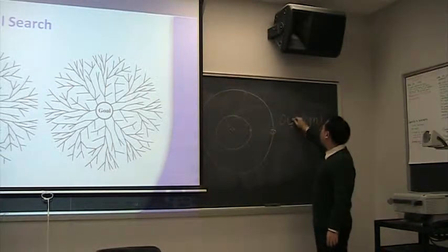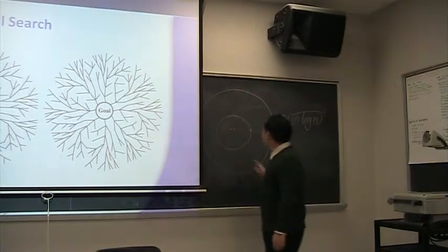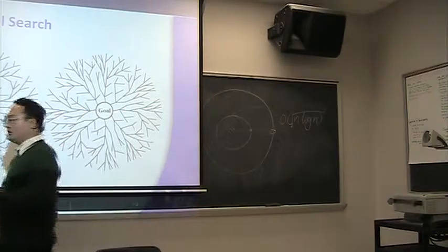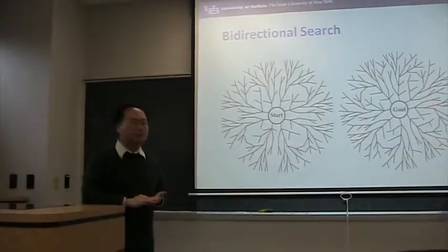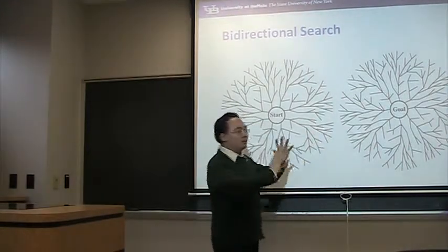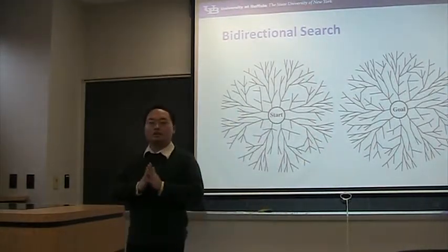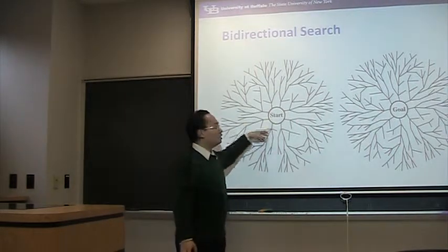This will be squared, right? So this will be the new time complexity. Do you understand this? And because these two things are being done simultaneously, for the time complexity you just use one of them.